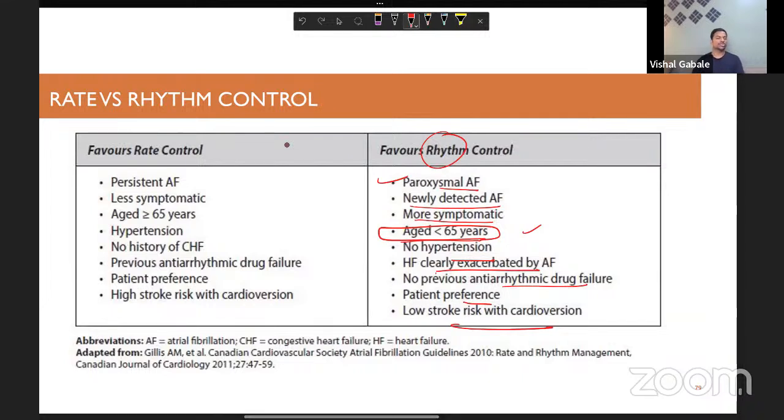So in such cases, you should go for the rhythm control. And everything apart from that, that is persistent AFib, old AFib, hypertension history is there, the patient is taking antiarrhythmic but that drug has failed now. In such cases, you should consider rate control. Also along with that, whenever there is a high risk for the stroke, you should prefer the rate control.